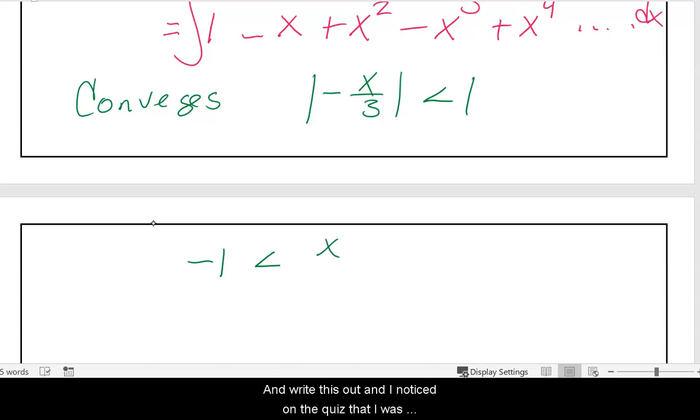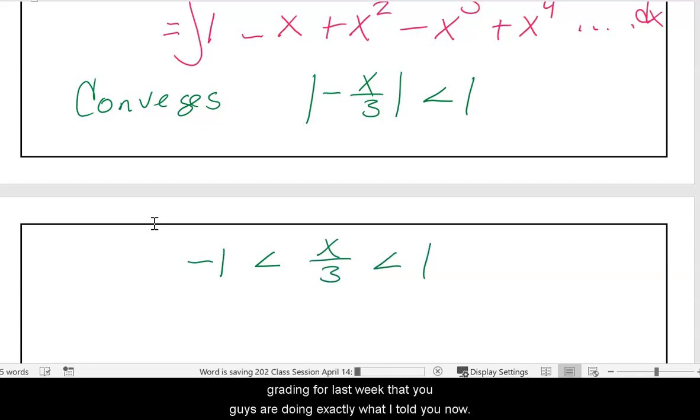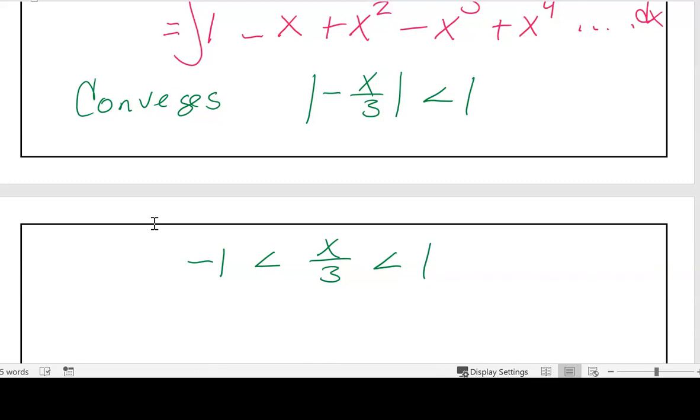And I noticed on the quiz that I was grading from last week that you guys are doing exactly what I told you not to do. You're skipping steps. I know it's arithmetic, but you're skipping steps and you're messing it up. So write it out and actually do it. Stop skipping steps. I have students who are adding 2 to negative 1 and coming up with 0, and it doesn't work like that.